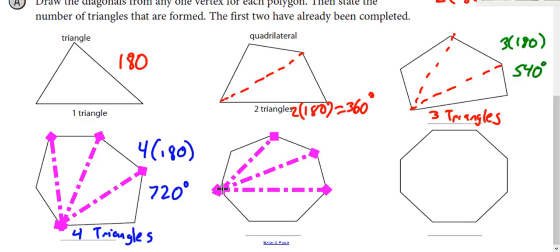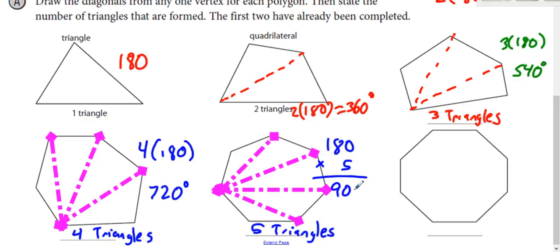Draw all the triangles you can. You got 1, 2, 3, 4, 5 triangles. So you'd get 180 degrees times 5. That's 900 degrees.